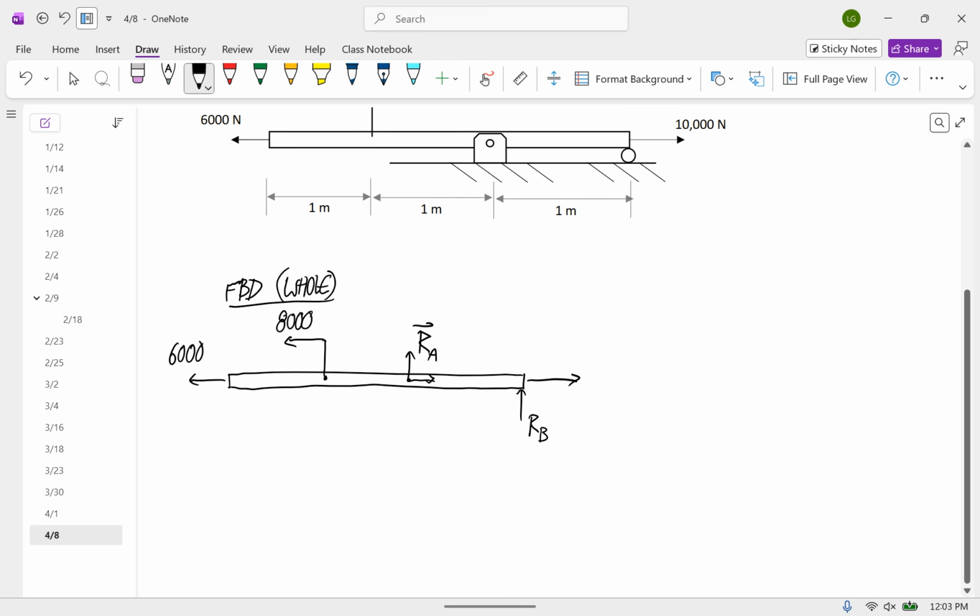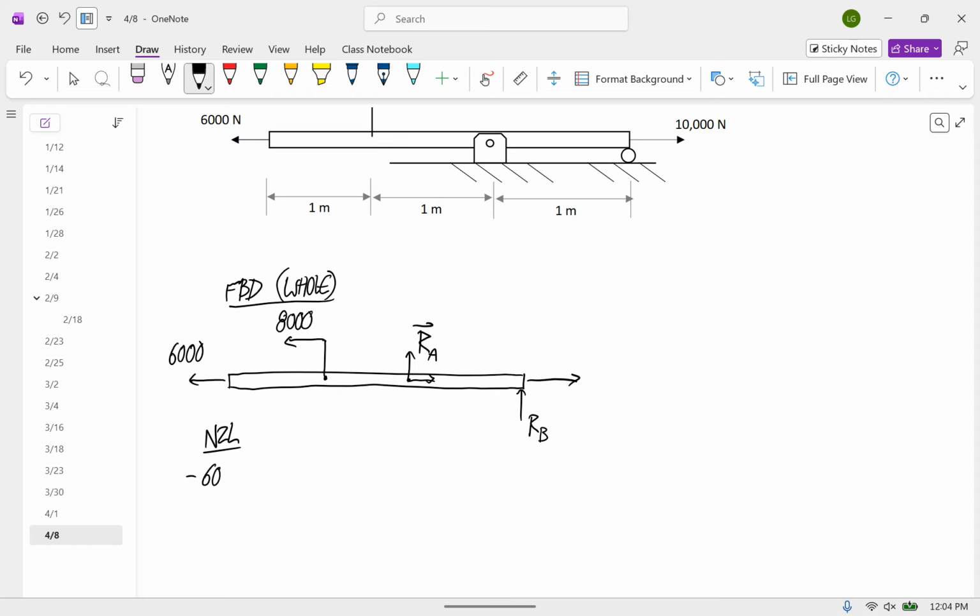Okay, and Newton's second law says negative 6,000 minus 8,000. Well, I'm just going to do it as vectors.